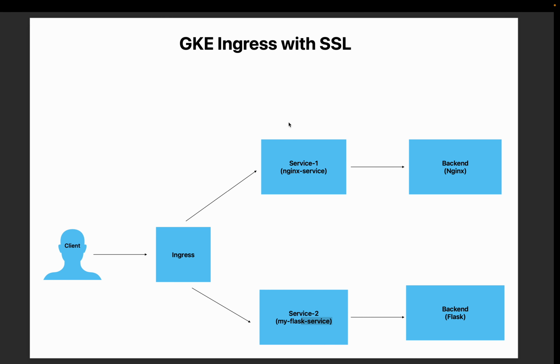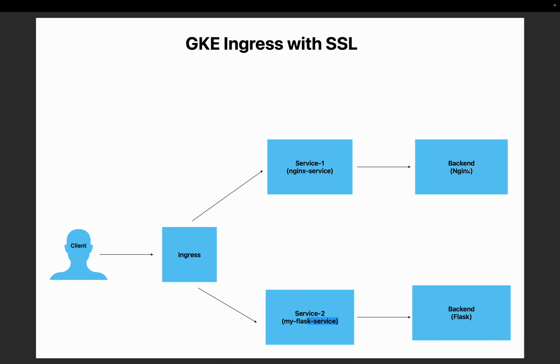So let's start with the backend services. We'll deploy the pods for the Nginx and also deploy the pods for the Flask. This is assuming you have two different kinds of applications, totally separate. They could be even serving different clients, whichever your use case is.